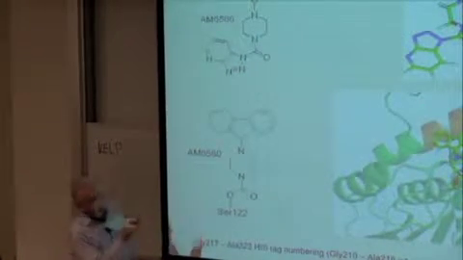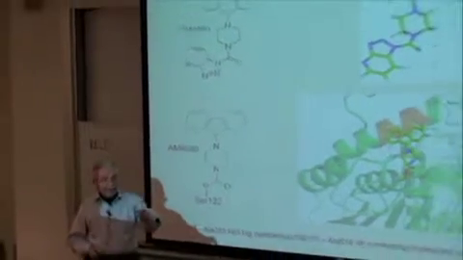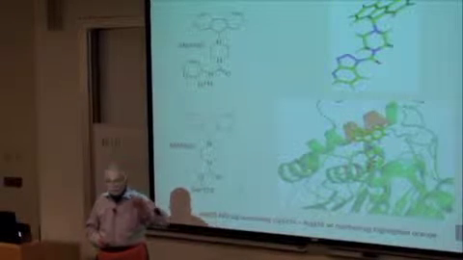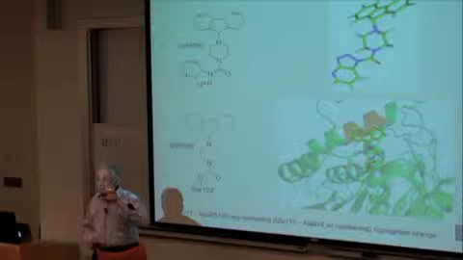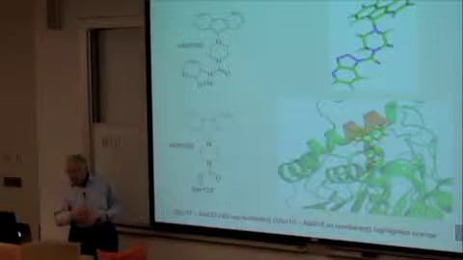It cuts it in two. This piece ends up fitting in the enzyme, and then, as you've seen in the cartoon, the substrate cannot get in. So it inactivates the enzyme. It's an enzyme inhibitor.